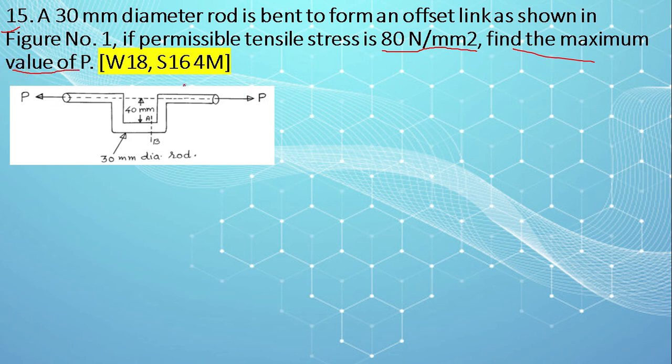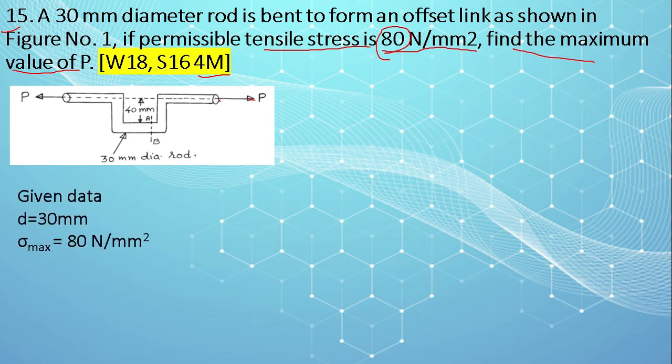This question was for 4 marks in the paper of winter 18 and summer 16. We have to find out the magnitude of this force P so that at this section AA the tensile stress should not exceed this value of 18 Newton per mm square.